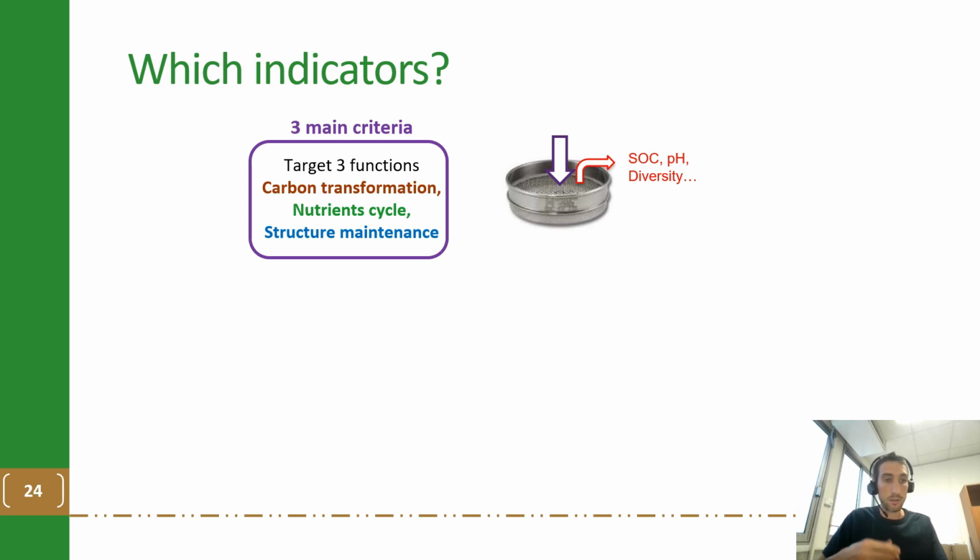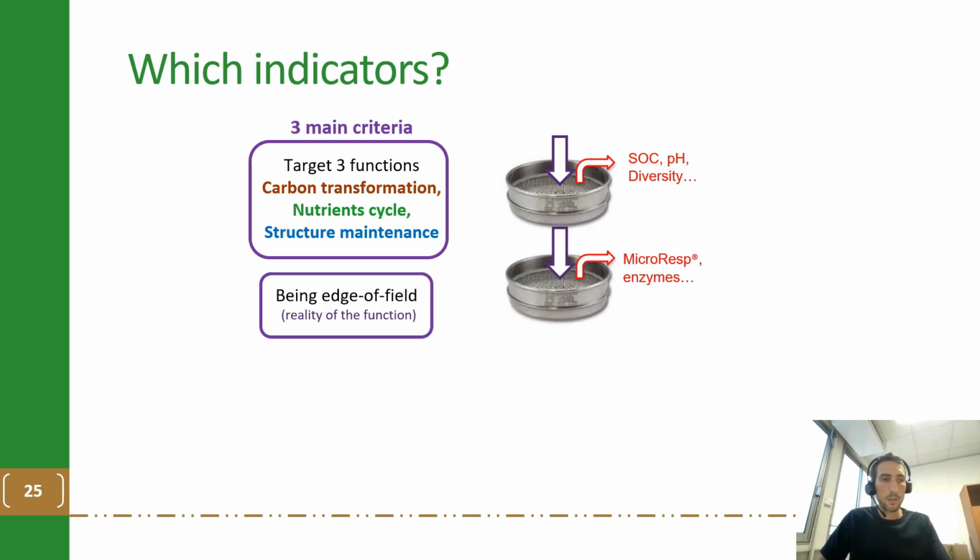pH, or the quantity of organic matter of the soil, do not directly target one of these functions. They have therefore been removed. That is not to say that these measurements aren't important for understanding how the soil works, but they don't directly target the measurement of the function. The second criterion was that these indicators had to be usable at the edge of the field.